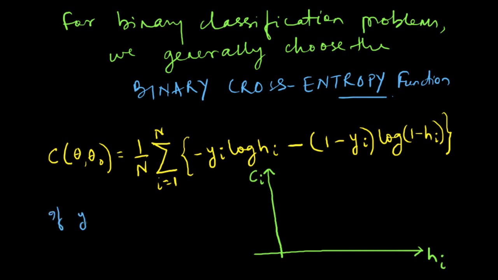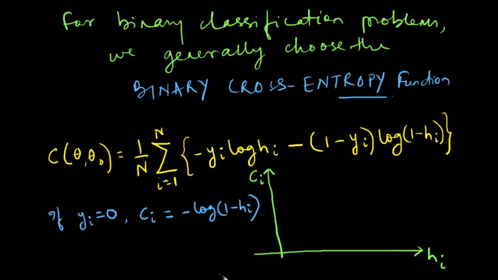Then your ci is equal to minus log of 1 minus hi, because when yi is 0, the first term becomes 0 and what remains is this. And here if yi is 0, you just get 1. So what remains is minus log of 1 minus hi. We are ignoring this 1 by n because that is just a multiplication factor. So if your yi is 0, your ci looks like this.